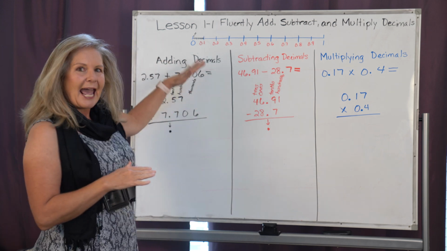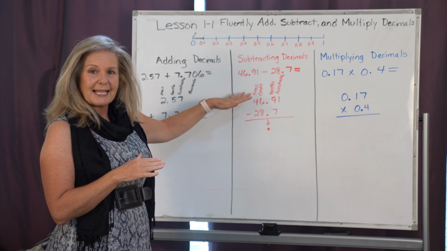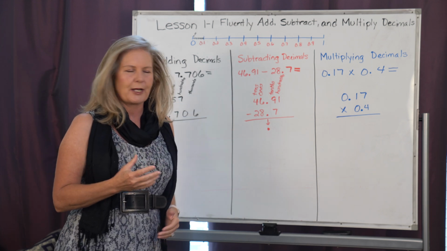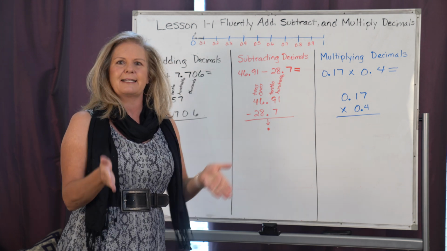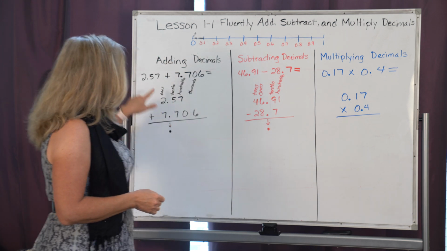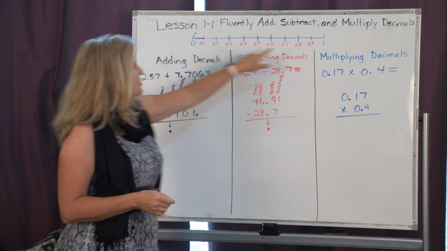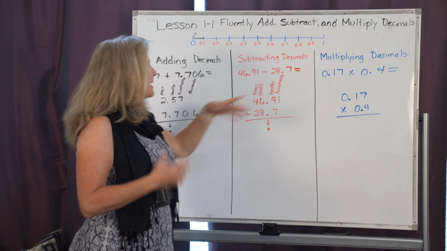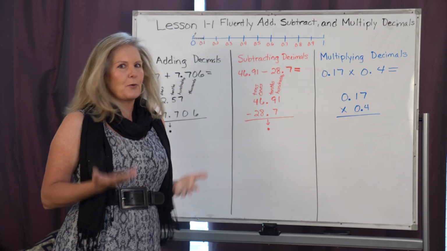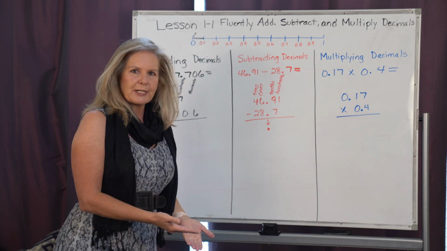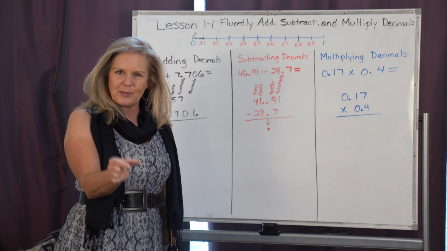When I go to add and subtract decimals, I need to make sure that I only add pieces of the number line that are exactly the same size. So I can only add whole numbers with whole numbers. I can only add tenths with tenths. I can only add hundredths with hundredths because they're the same size pieces.